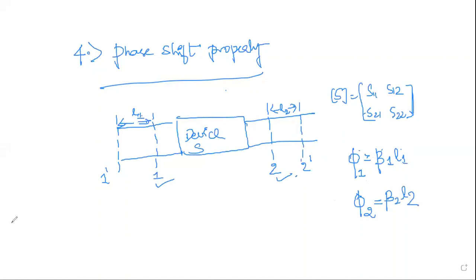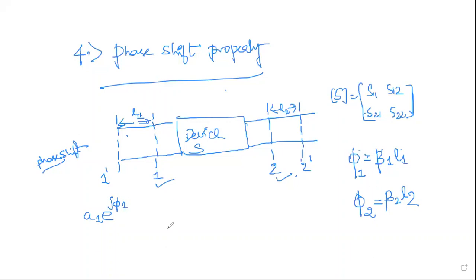Then the new variables with respect to port 1 will be: A1, the incident wave, will be multiplied by the phase shift when you change the position of the reference plane. The phase shift is nothing but e to the power j phi1, where phi1 is for the first plane.